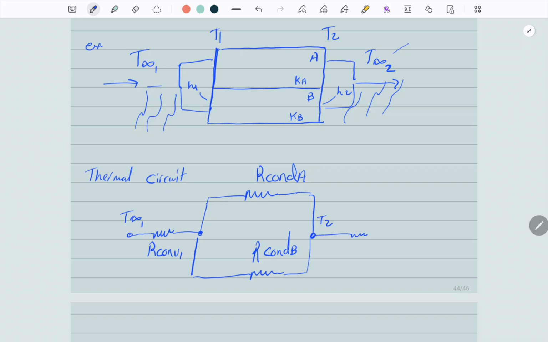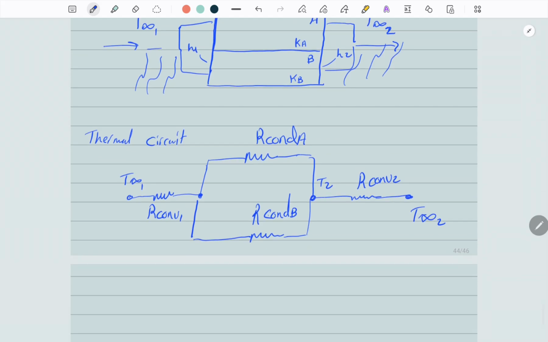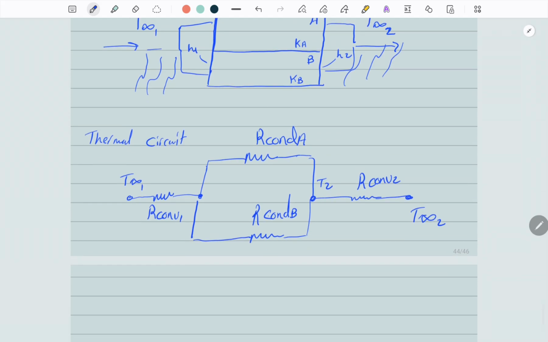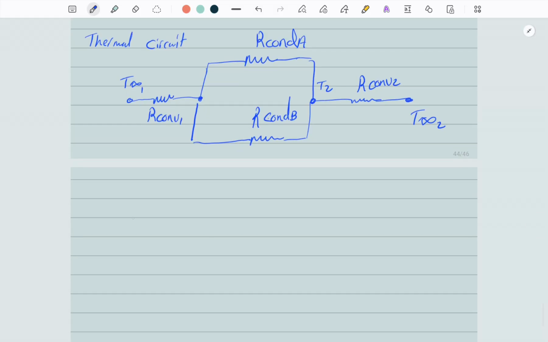Then it goes through convection again, which is R convection 2, before it reaches T infinity 2. So after we drew the thermal circuit, now we can start solving for Q.